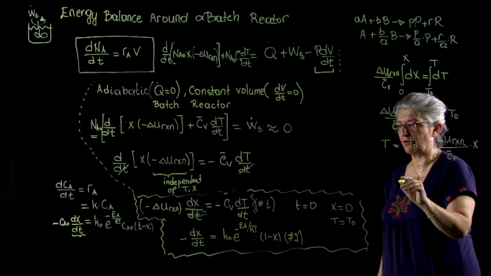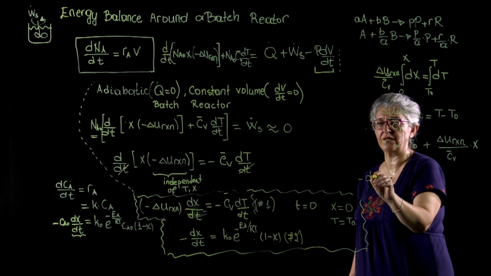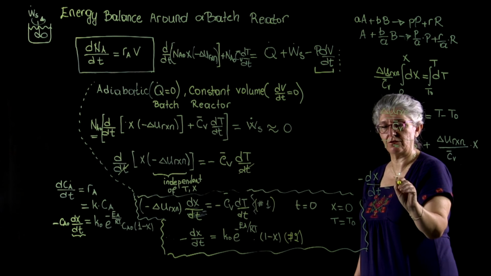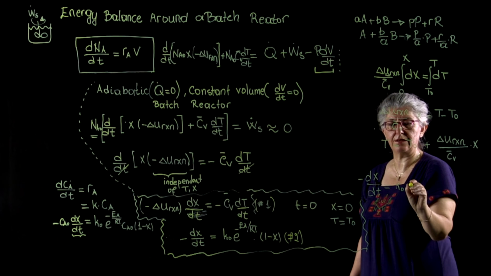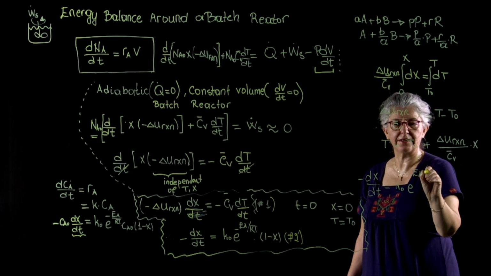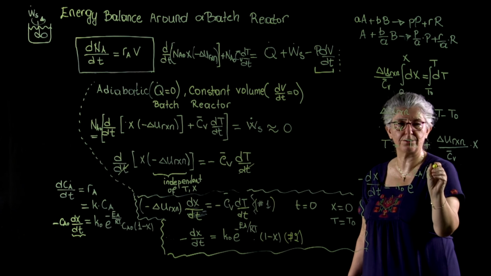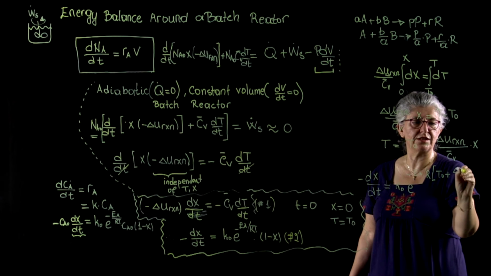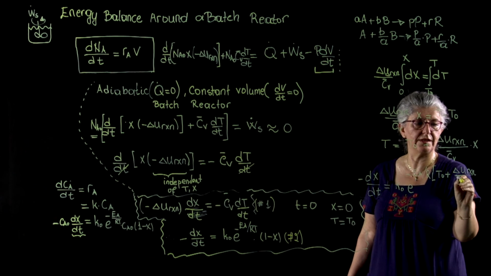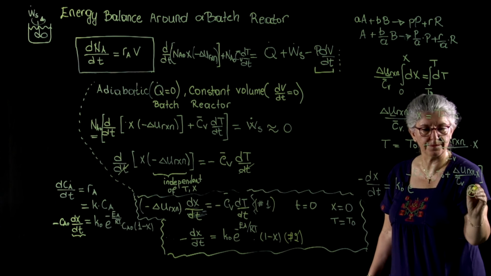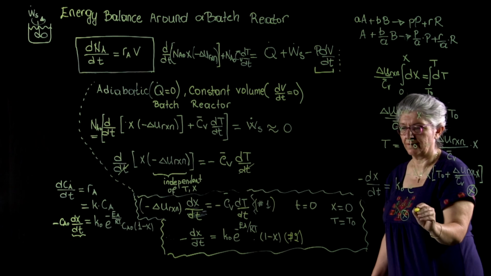And that term is going to enter minus dx over dt times k0 e to the minus Ea divided by R times T, this term, T0 plus delta U reaction divided by C sub V times x times 1 minus x.